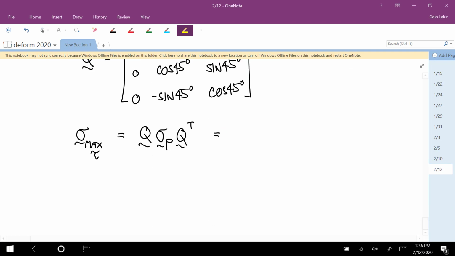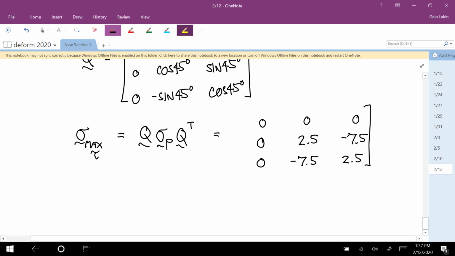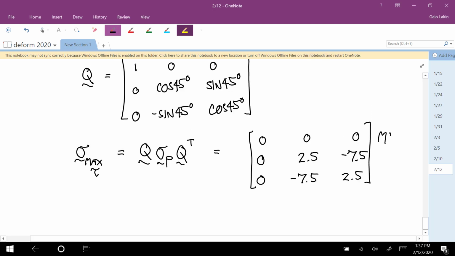And what you get is 0, 0, 0, 0, positive 2.5, negative 7.5, 0, negative 7.5, positive 2.5. And this and this show our max shear that we calculated.